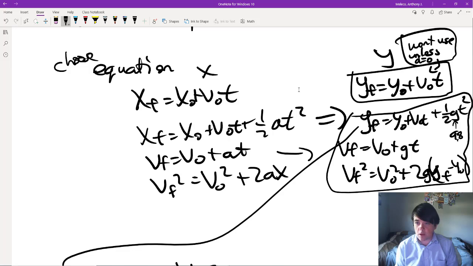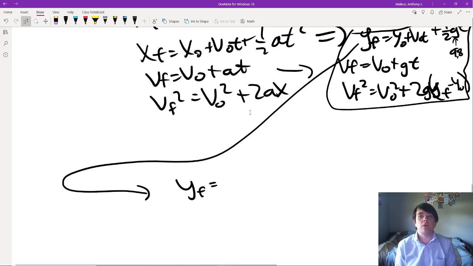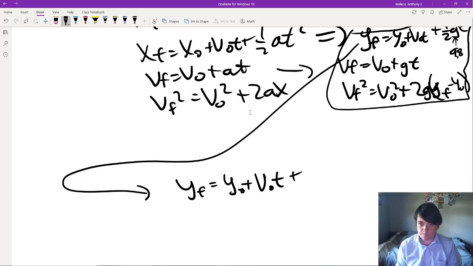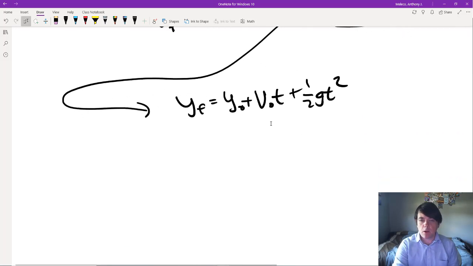And same with this one, unless you have a special case where they explicitly say you're not accelerating at gravity for some particular reason. So you'll really only have 3 equations to choose from when you're working in the y coordinate axis. So this is the guy we're using.